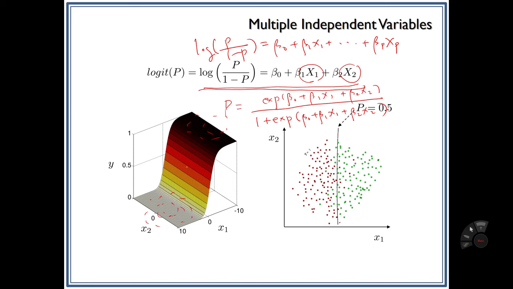And in this case, we still use the cutoff value of 0.5. So if the predicted value is less than 0.5, we predict as class 0. And if the predicted value is greater than 0.5, we predict as class 1.